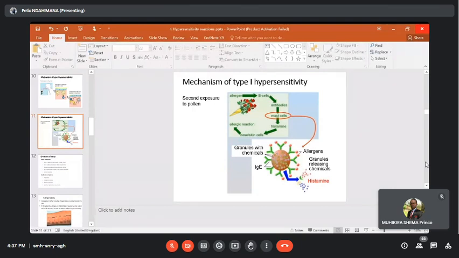Here we talk much more about mast cells generally, but it's also possible for basophils to degranulate and release their internal content. There's no big difference in this kind of allergic reaction. Either basophil or mast cell, they can all degranulate and release histamine and all other granular content or chemicals that can lead to an allergic reaction.